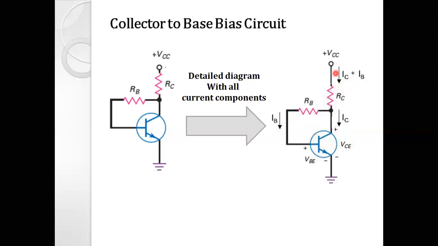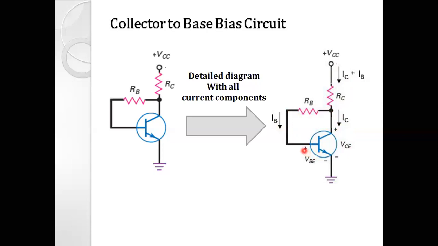So the current from the supply to this junction is IC plus IB, both together, and from this junction they get divided into two parts. The one flowing through the RB resistor and into the base terminal is IB, and the second entering the collector terminal is IC, right?